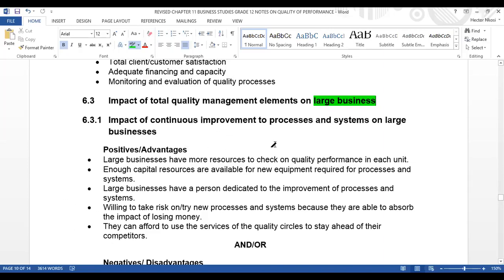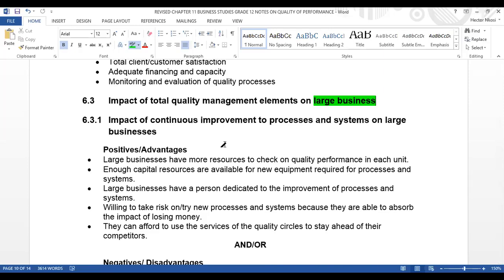Large businesses have more resources to check on quality performance in each unit. We know, guys, sometimes when you go to large businesses, they've got more resources to check the quality. So that's a good thing of having continuous improvement to processes and systems in large businesses, because the bigger the business you have, the more resources you need, basically.